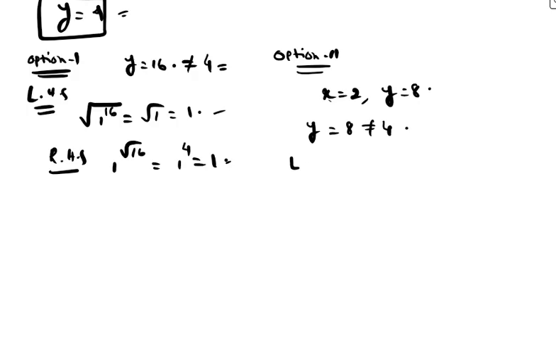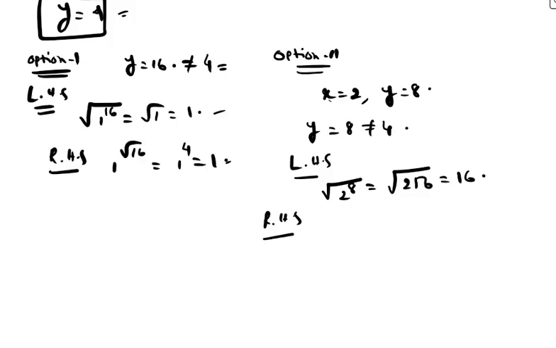Check LHS: root of 2 to the power 8, that is root of 256, that is 16. Now RHS: 2 to the power root 8, that is 2 to the power 2 root 2. This is not equal to 16, so option 2 is a counterexample.